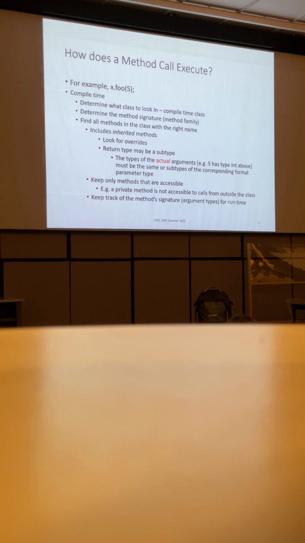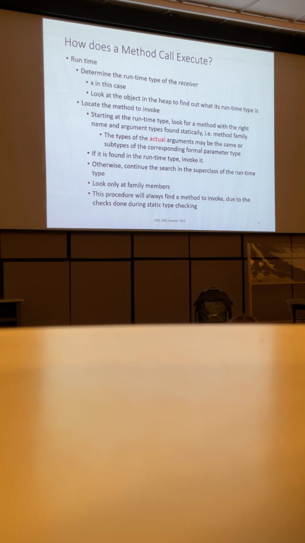So at runtime, it may never happen that the runtime environment, the JVM, decides to call a method from a different method family than what was decided at compile time. Yeah, so it's a combination of the compile time and runtime decisions.